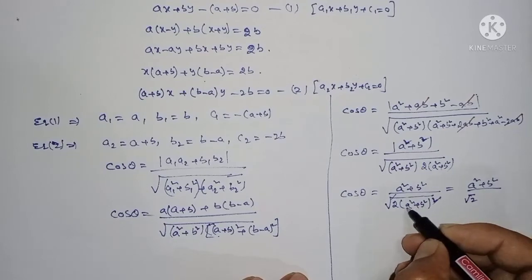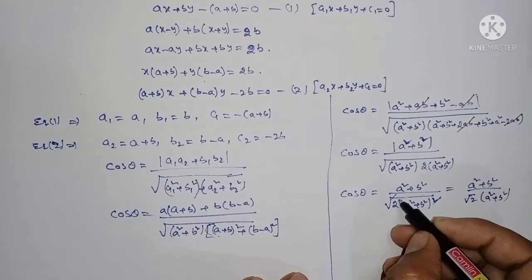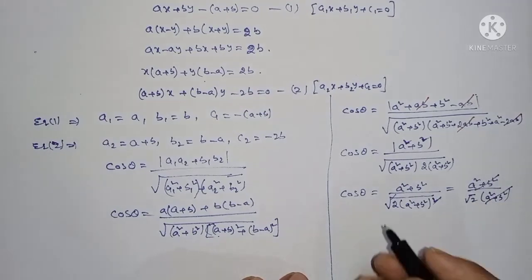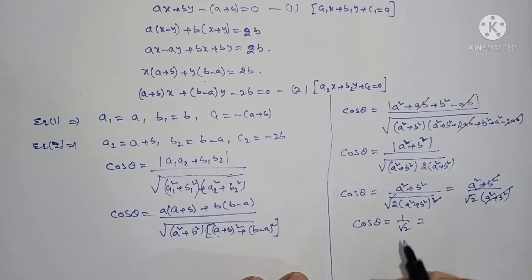But root of this much, how can I write here? You can write here a square plus b square, because root will be cancelling, root 2 as it is, therefore these two terms are cancelling. Cos theta is equal to, you are getting minus 1 by root 2, sorry, plus 1 by root 2.